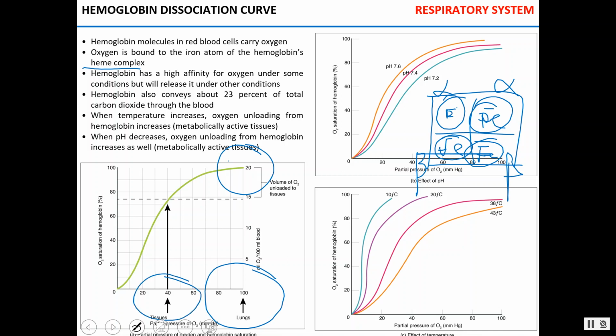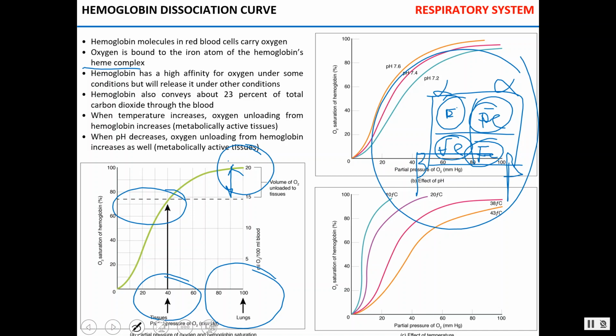As the pressure of oxygen decreases and becomes characteristic of the tissues, the saturation of hemoglobin with oxygen goes down. Only about 75% of possible available positions for oxygen on hemoglobin are actually occupied by oxygen. So the difference between 100 and 75% is the amount of oxygen that is unloaded in the tissues.